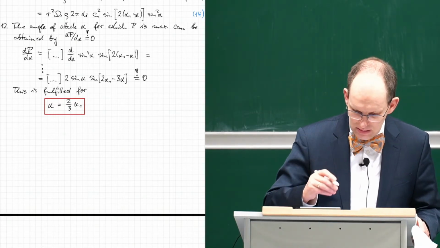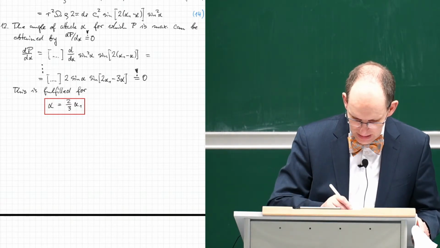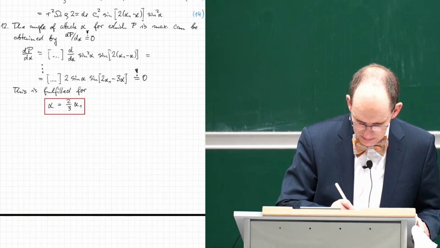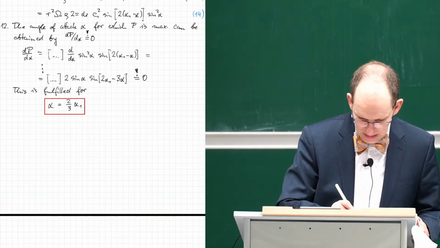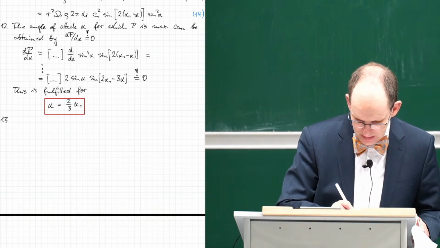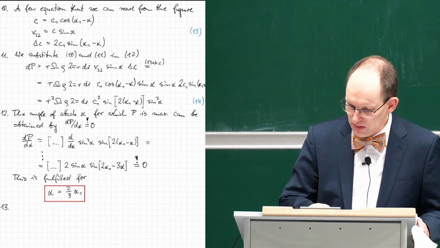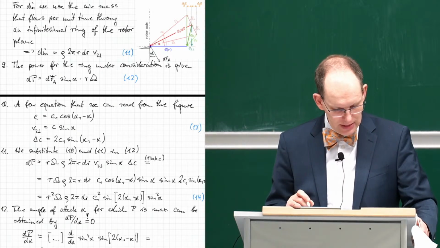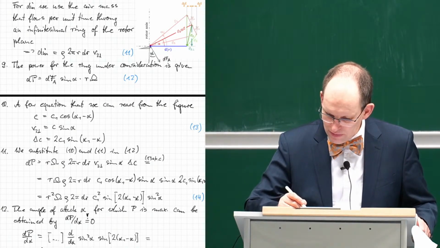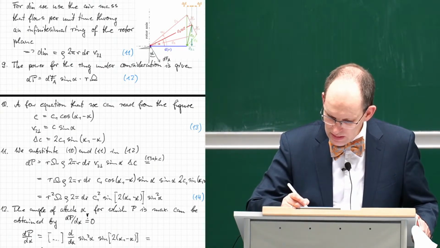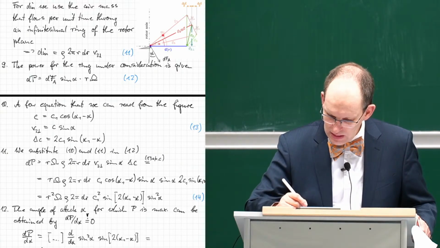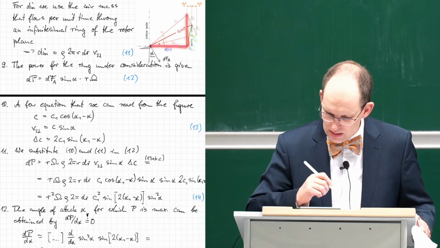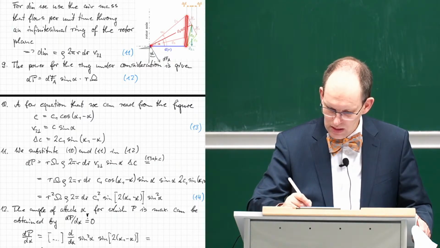And then another relationship that we need, namely we want to know something about alpha 1. So if you look at this figure here, then we can find the tangent of alpha 1. So this here is alpha 1. And the tangent is of course this here, so the ratio of these two here.